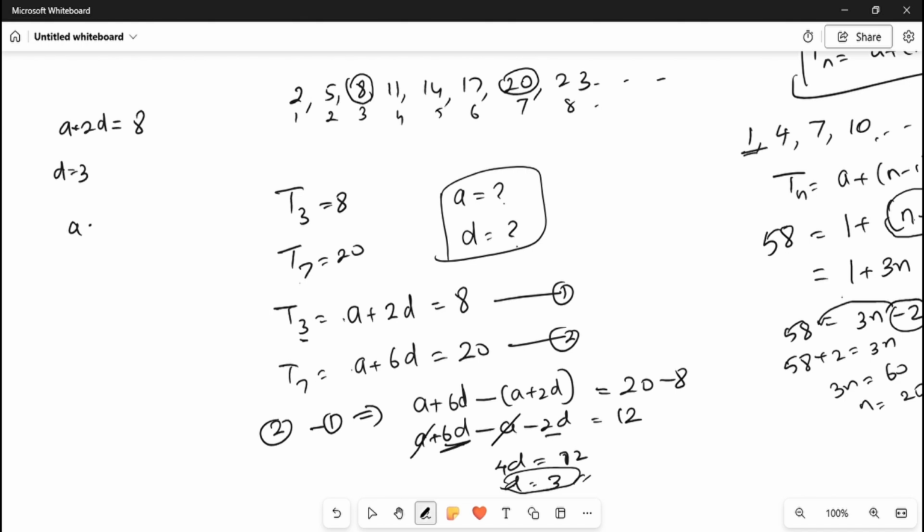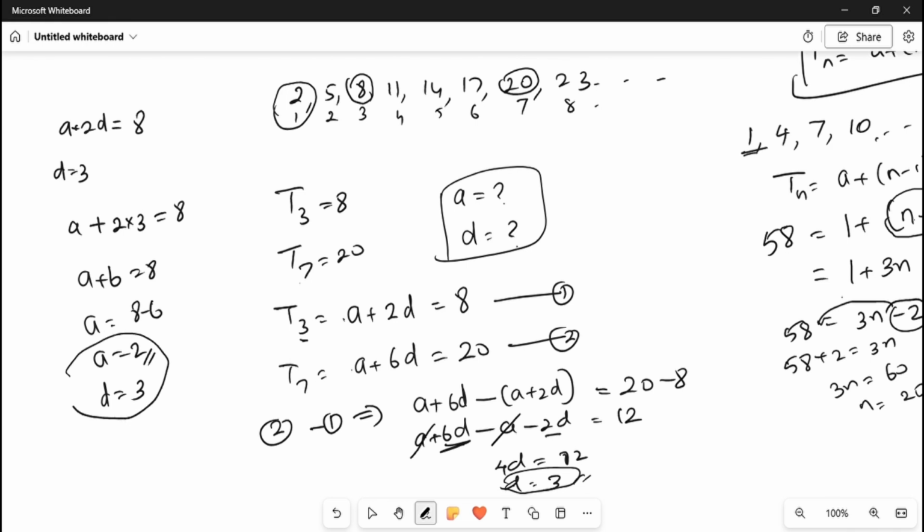A plus 2 into 3 equals 8. A plus 6 equals 8. A is 8 minus 6. A is 2. So we found the first term. We found D, which is 3. So now, using this, you can write the number pattern.